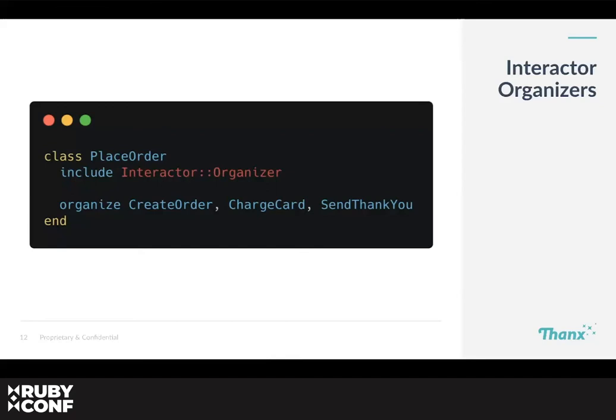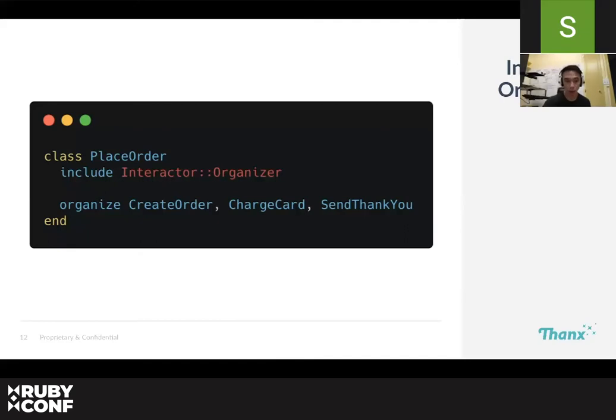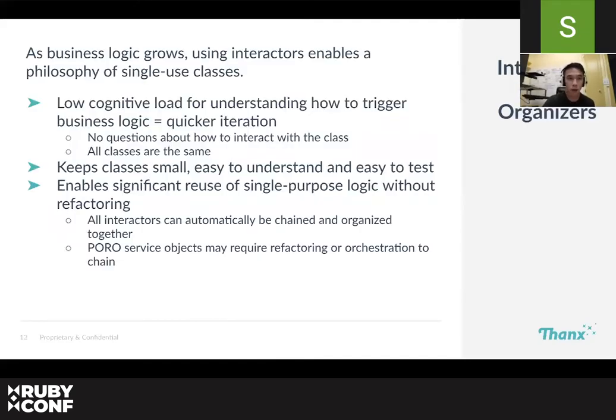There's some logical functionality that the interactor library provides that can help manage the workflow between each of the interactors, but that's documented more in the library. So as business logic grows, you can use this pattern, and it helps instill a philosophy.